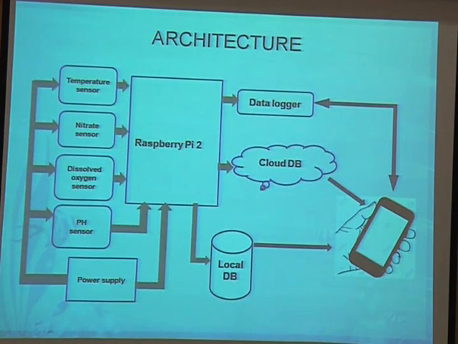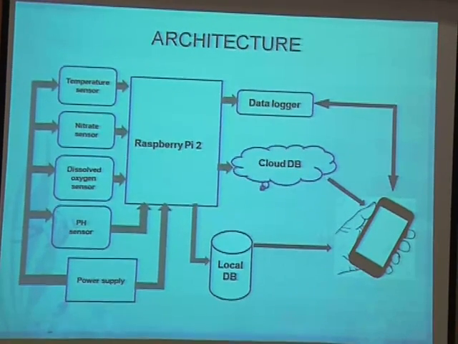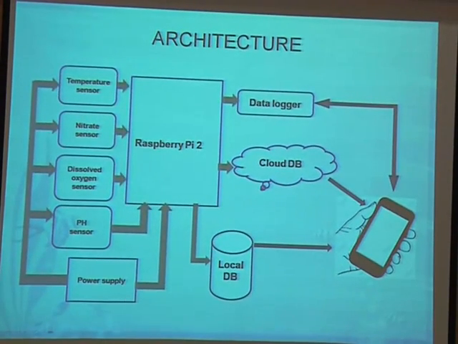First, we will start with the architecture. Starting from the left, we have all the sensors like temperature, nitrate, dissolved oxygen, and pH. All the sensors are connected to the Raspberry Pi. I will tell you later what a Raspberry Pi is, though I think many of you know it very well. These are the various ways we can interact with the Raspberry Pi and send the data to the mobile.